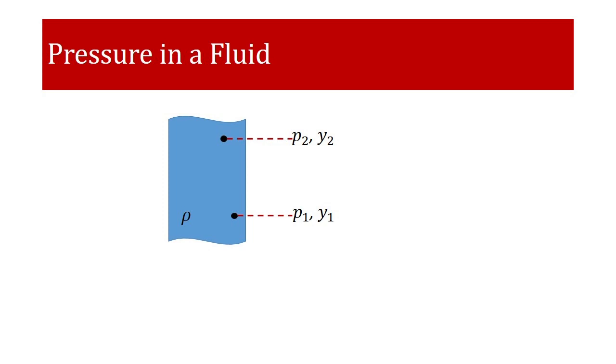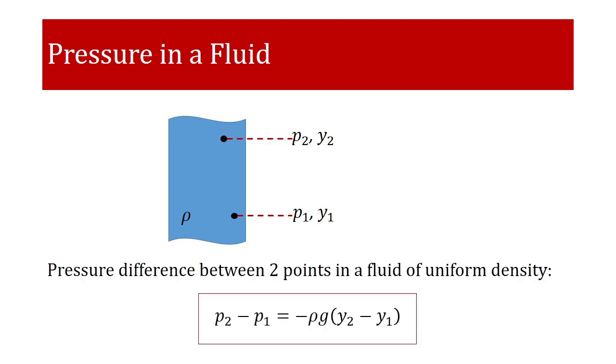If we take 2 points, point 1 at the bottom and point 2 at the top, where point 1 has a pressure P1 and an elevation of Y1, and point 2 has a pressure of P2 and an elevation of Y2, and the fluid has a density of rho, then the difference between the pressures at these 2 points is given by the following formula.